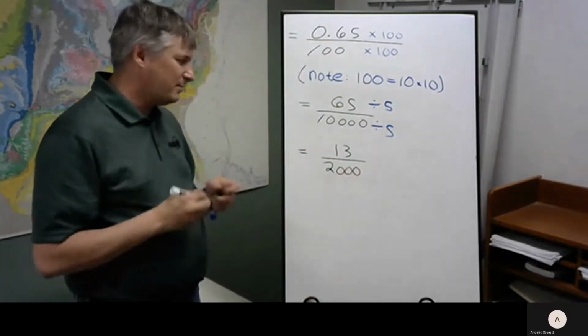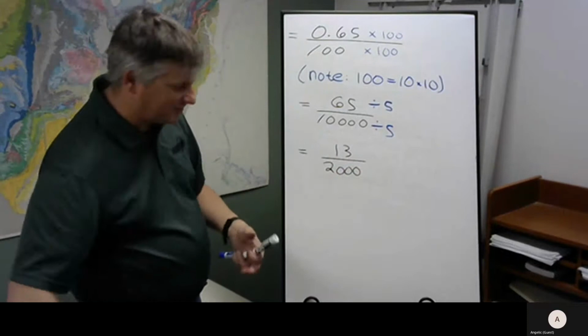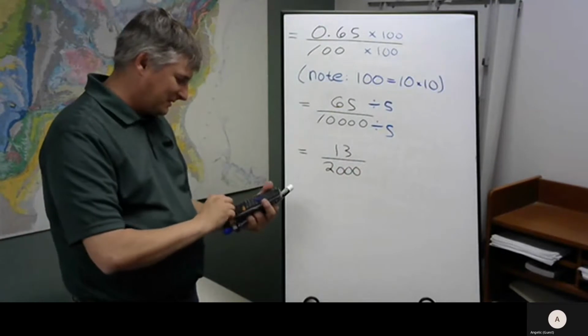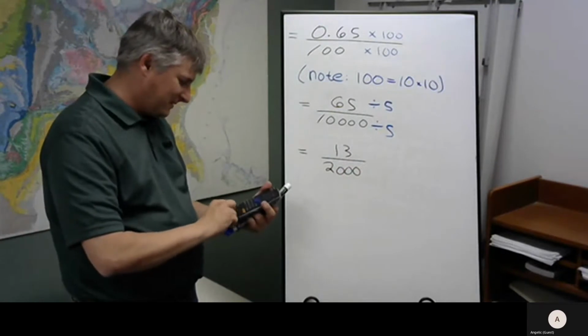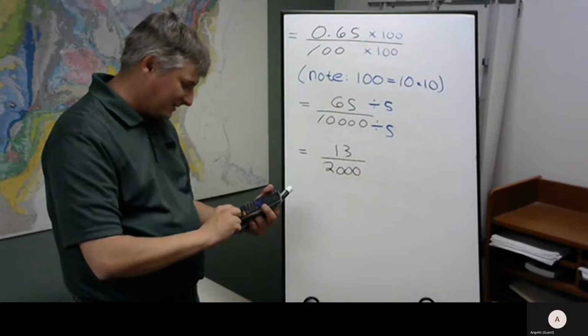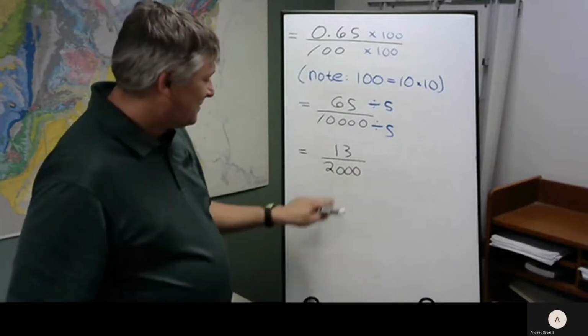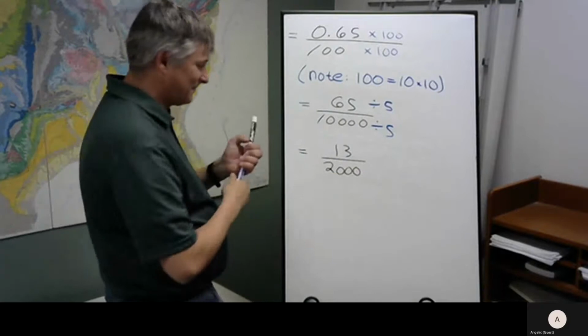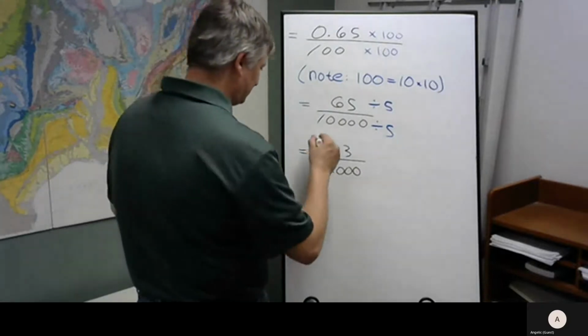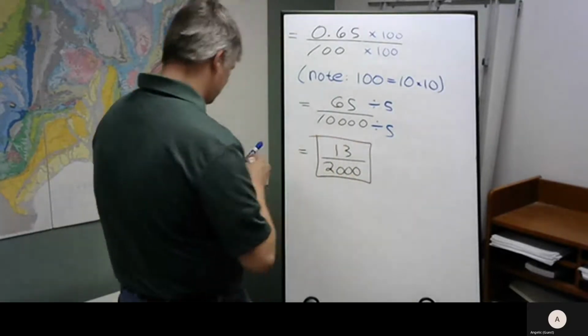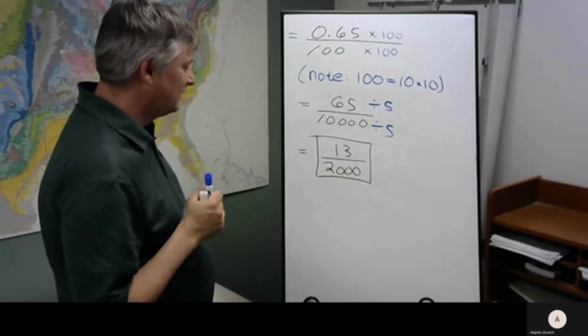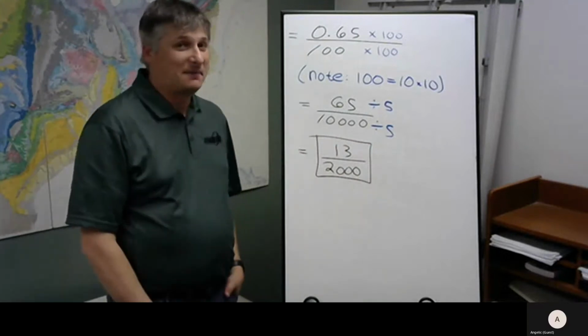Now 13 is a prime number. I'm pretty sure 2,000, let's see, doubtful it's divisible by 13, unless I'm in for a, no, it's not. So this is as far as we can go. Questions about that?